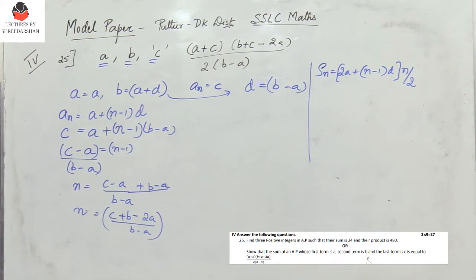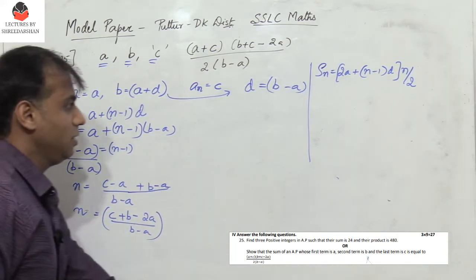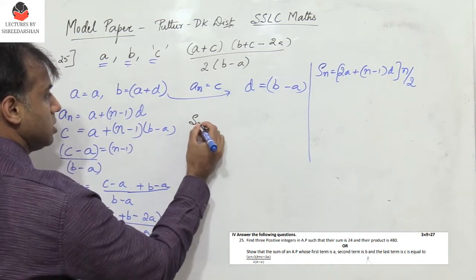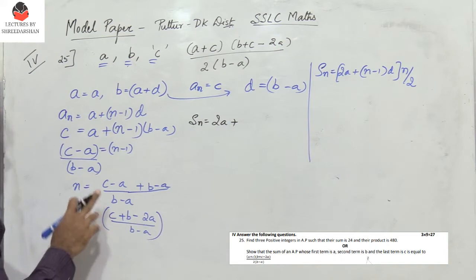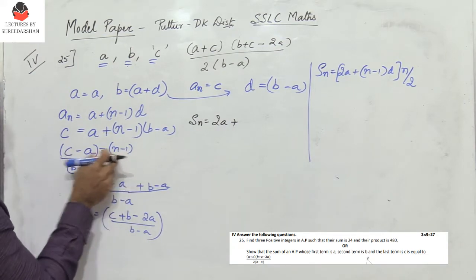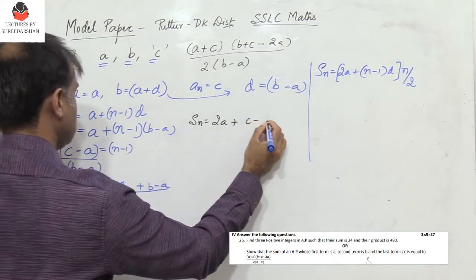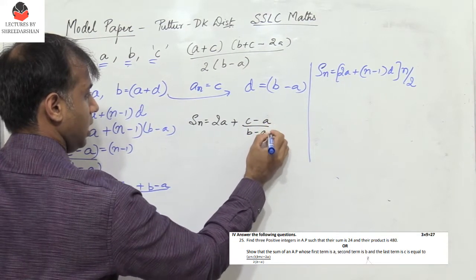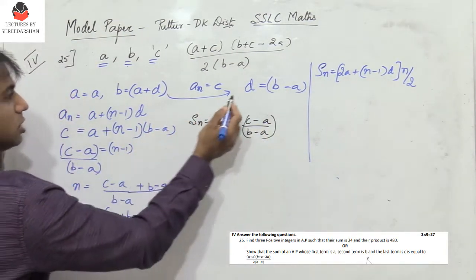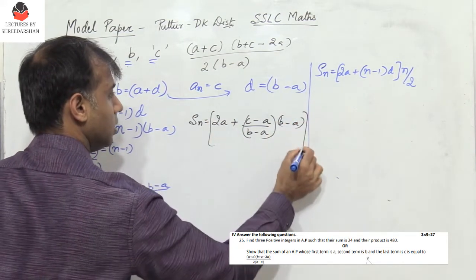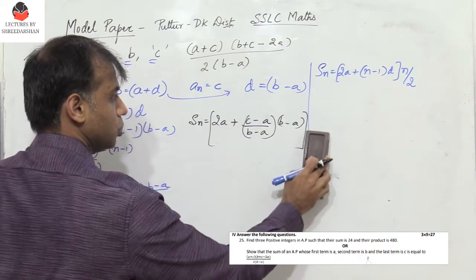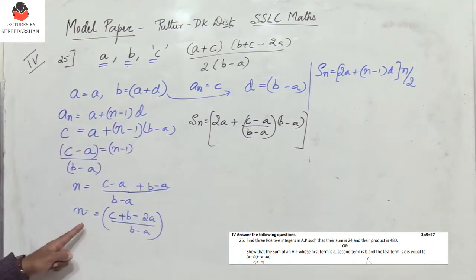So now let me substitute all the values in the expression for the sum. So we have Sn equals 2a plus n minus 1. What is n minus 1? It is c minus a divided by b minus a into d. What is d? b minus a. The whole thing into n by 2. What is n? This is n.